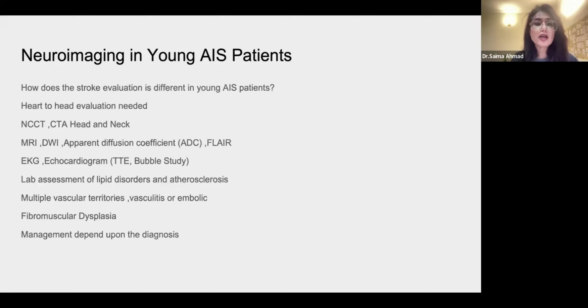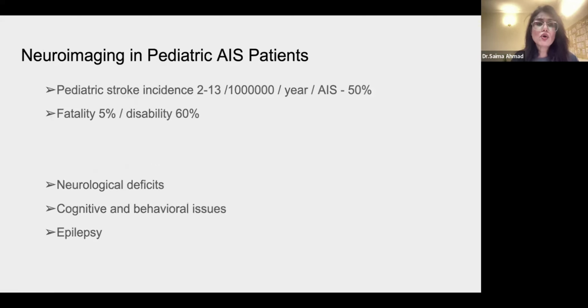We should touch every modality: non-contrast CT, CTA head and neck, MRI with all the sequences, EKG, echocardiogram, lab assessment for lipid disorders, atherosclerosis. If multiple vascular territories are involved, the diagnosis would be vasculitis or embolic. So the management depends upon the diagnosis. Once the diagnosis is made, the management is the same as in older patients.